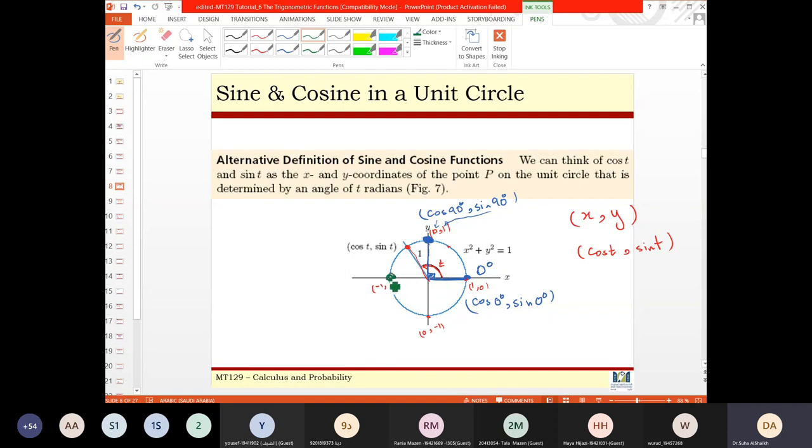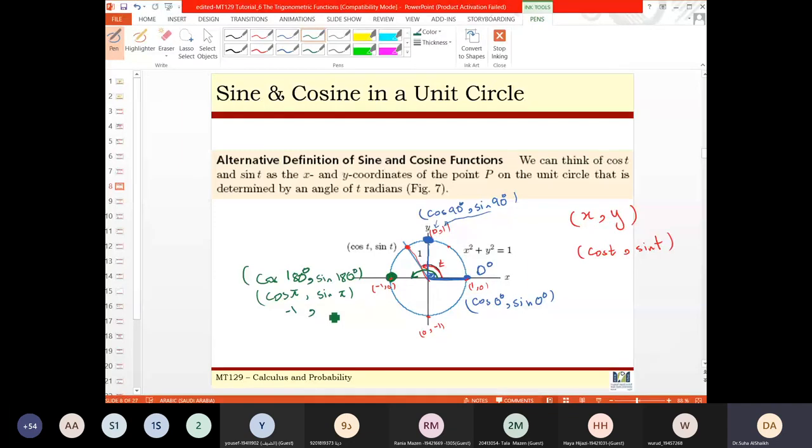Okay, check this point here, the one in green. What's the angle that this point makes? Excellent, it's 180 degrees. So here I have the cosine of 180 degree and the sine of 180 degree. Of course, 180 degrees is pi, so I'm talking about cosine pi and sine pi. What's cosine pi? Minus 1.